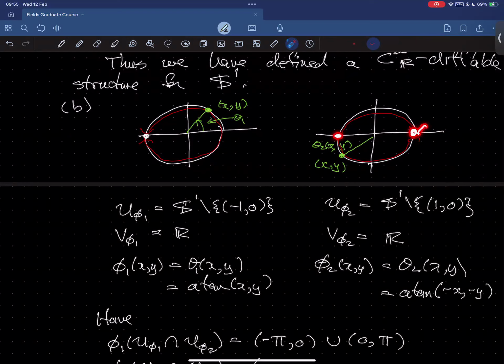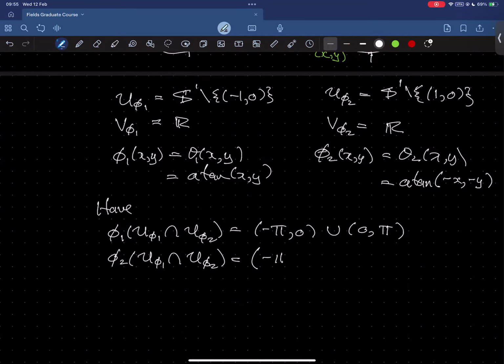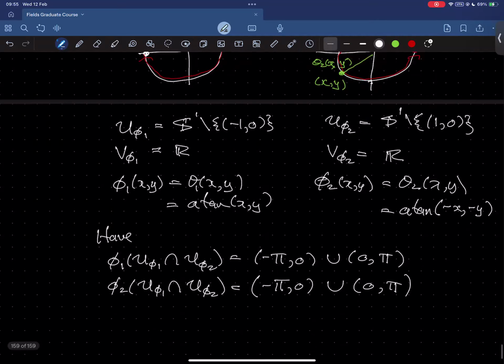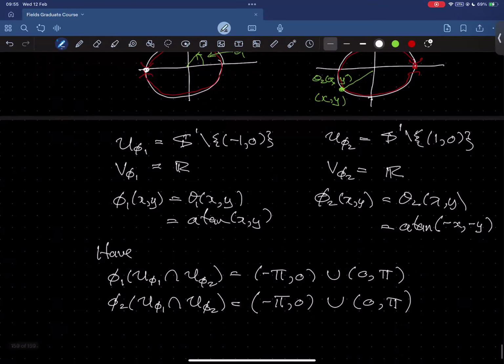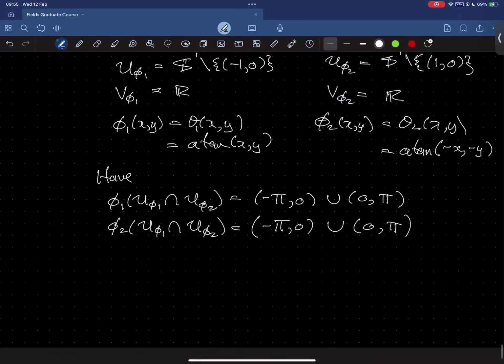And so the values of the angle theta 2 will be from 0 to pi, and then from minus pi to 0 again. Okay, now it's relatively easy to write down the overlap map.